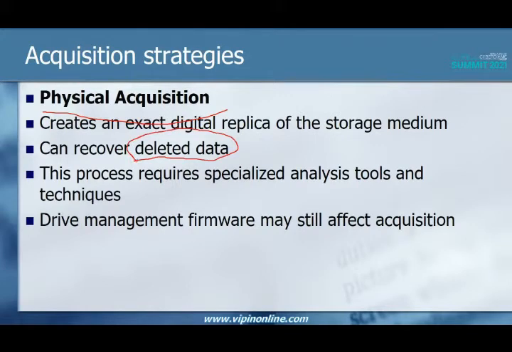It can recover deleted data, and it requires specialized analysis tools and techniques. And sometimes the drive management software that's embedded in the chip, that means firmware, may affect the acquisition. So if that chip is damaged, it may be difficult to get the evidence completely. Okay.